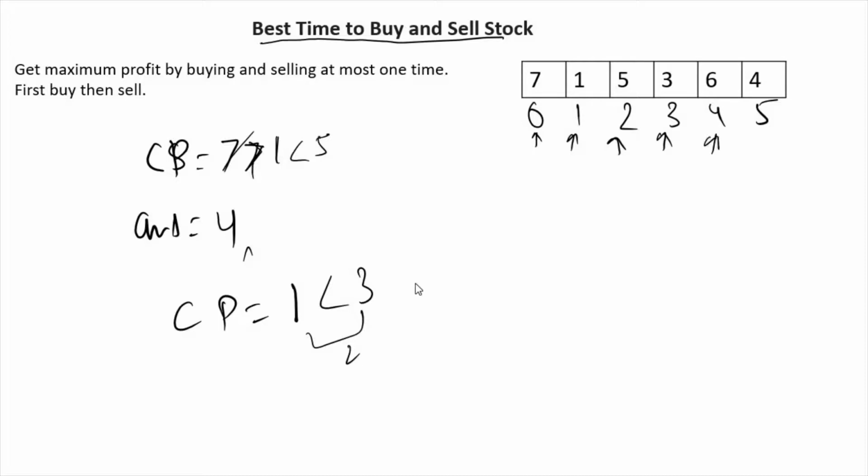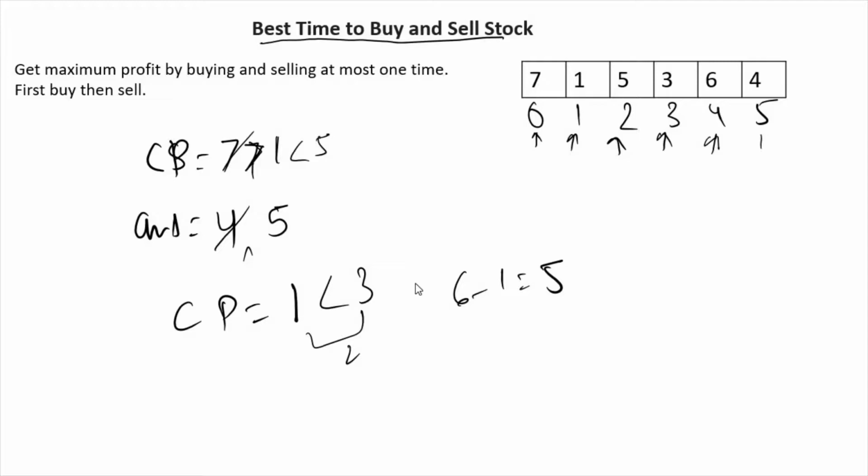Let's move to the fourth index, which is 6. Here we can make a profit of 6 minus 1 equal to 5, and 5 is greater than our last answer, so we'll replace 4 with 5.